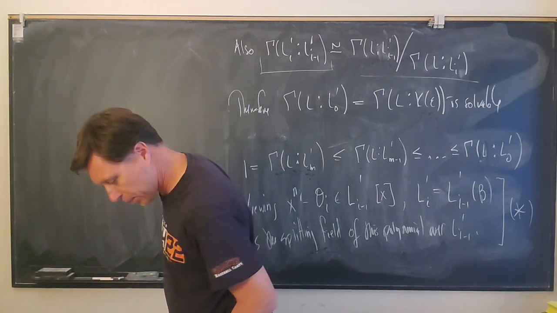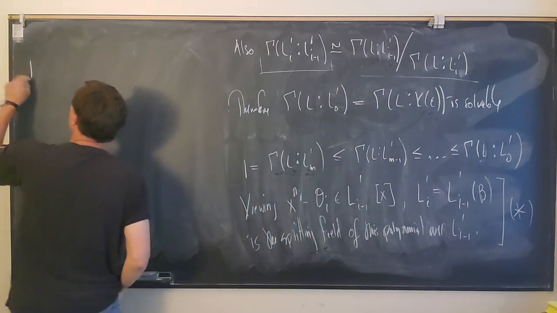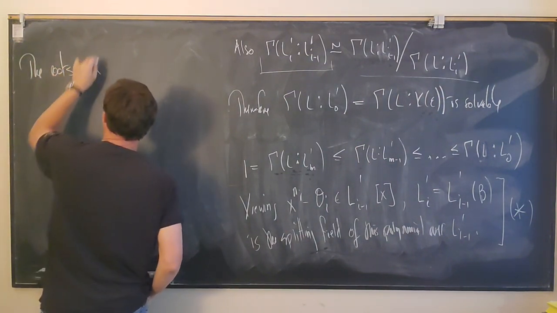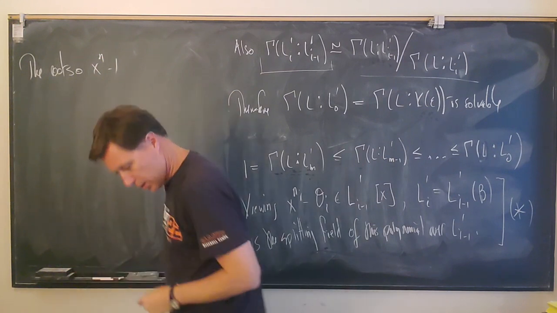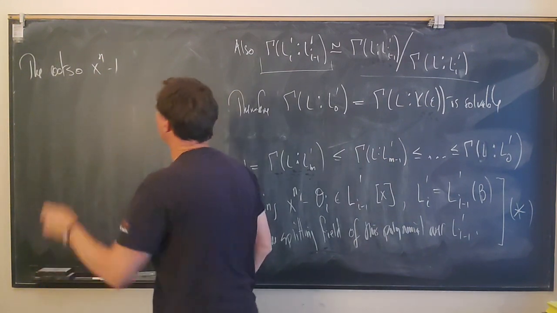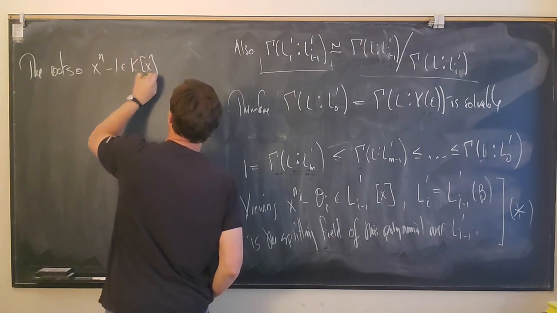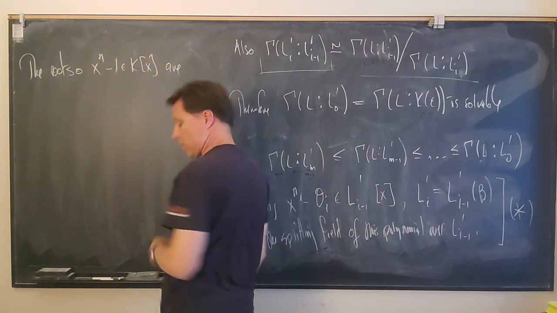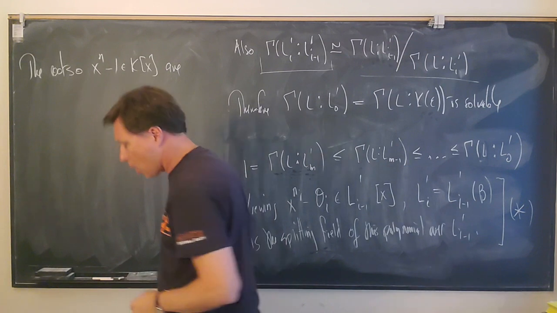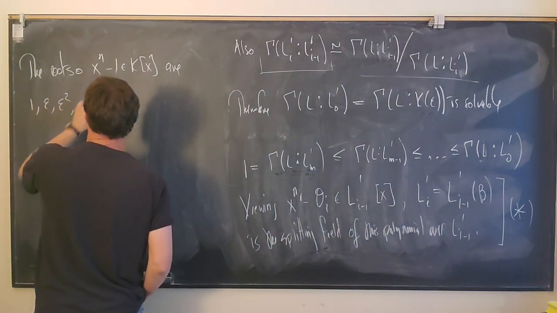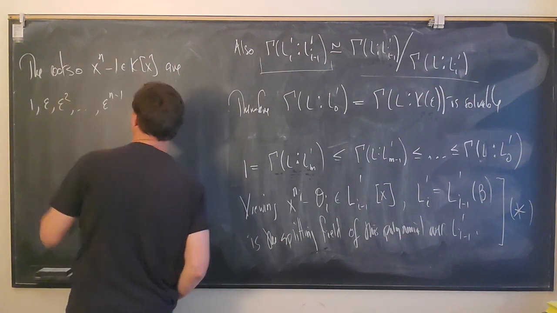So next step, the roots of x to the n minus 1 in K[x] are 1, epsilon, epsilon squared, up to epsilon to the n minus 1.